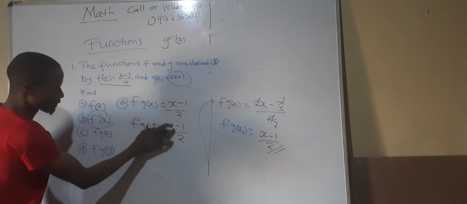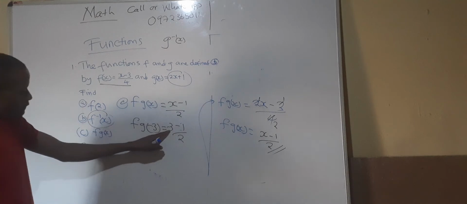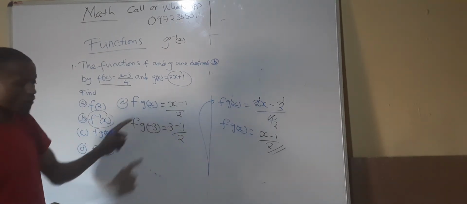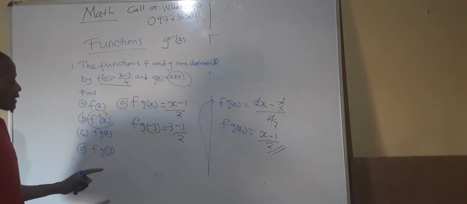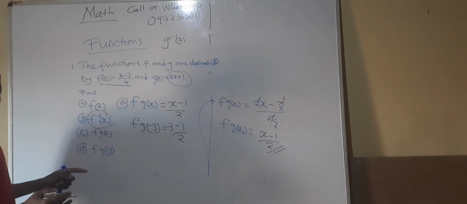Where there is x, it's supposed to be negative 3. Now negative 3 minus 1. Same signs, you add, but maintain the sign. So this is negative, negative. We add the two numbers and maintain the sign.